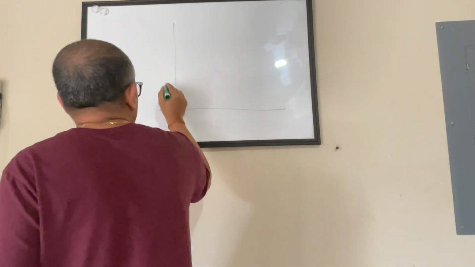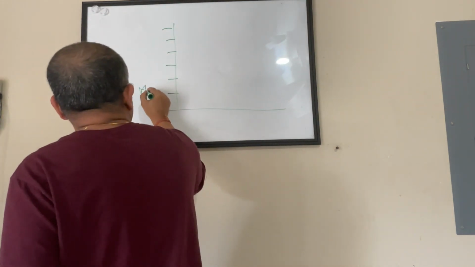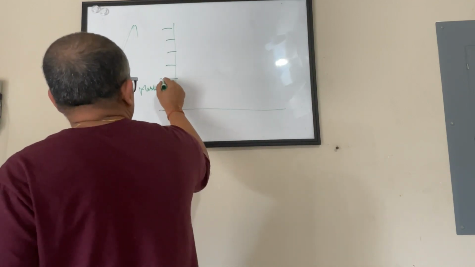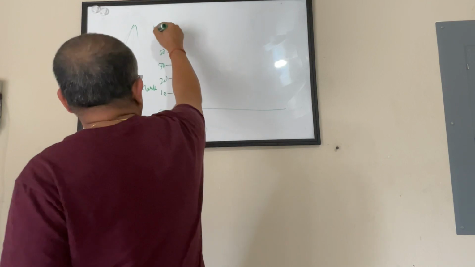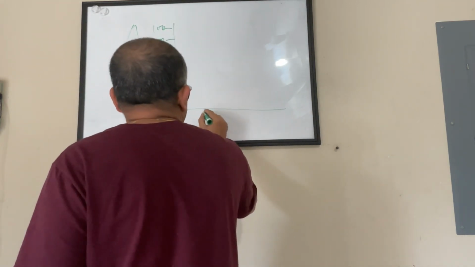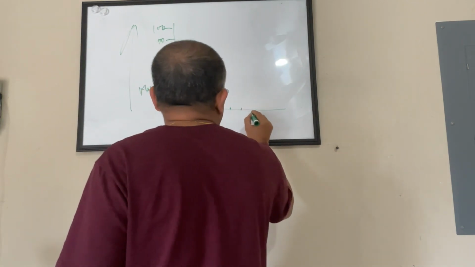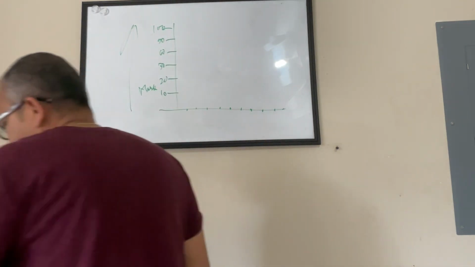So here, let's put the marks this way: 10, 20, 30, 60, 90, 100. Let's say there are 5 exams.